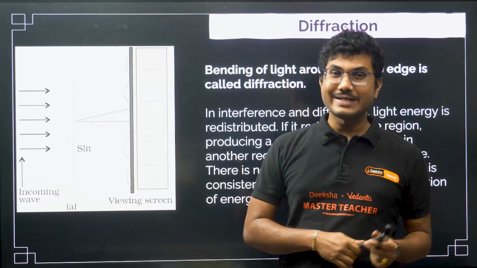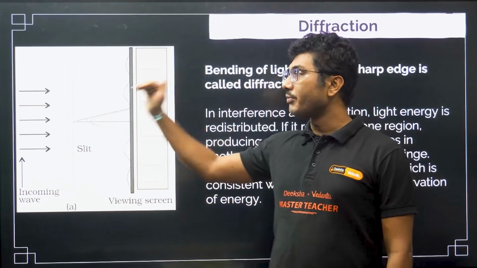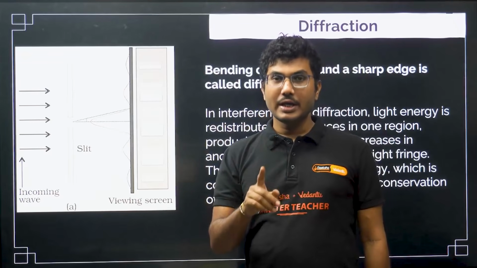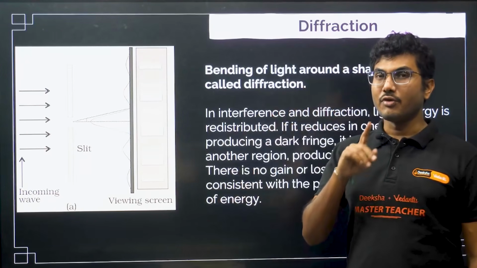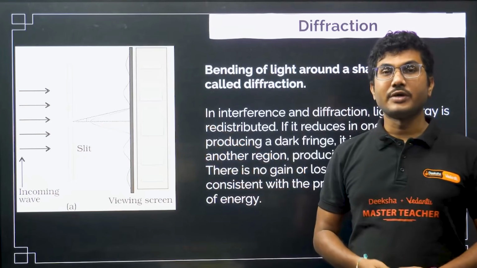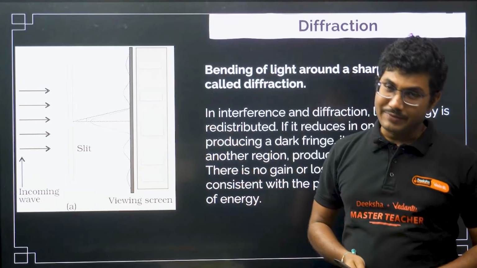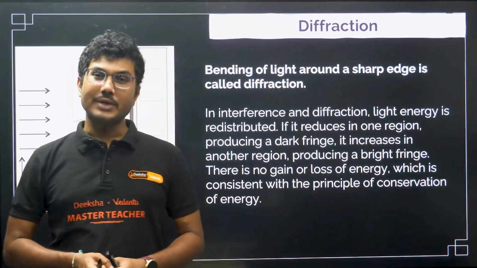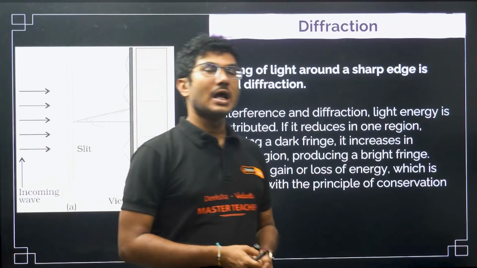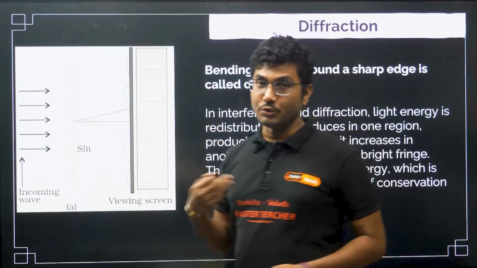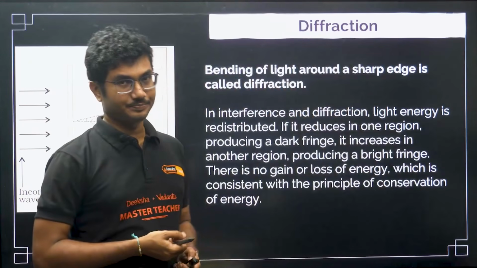Also, interference and diffraction are only observable for waves. Diffraction can be observed for sound waves as well. In fact, interference can also be observed for sound waves. So, mechanical waves and light waves, that is EM waves, both show interference and diffraction.